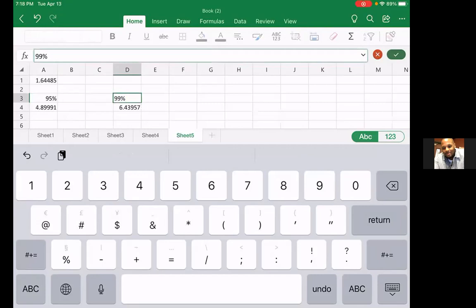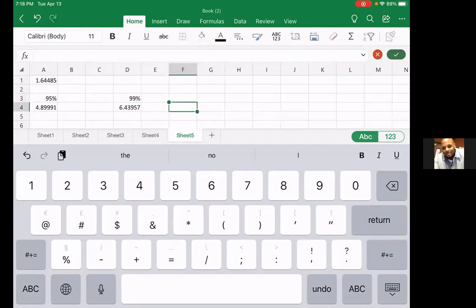What do you notice about the margin of error when you compare the two? Which one's larger? The 99%. And why is the 99% larger? Let's talk about that. If you are more confident, what should be true about the width of the interval? Should it be larger or smaller? Confidence wants to try to capture a true value inside some interval.